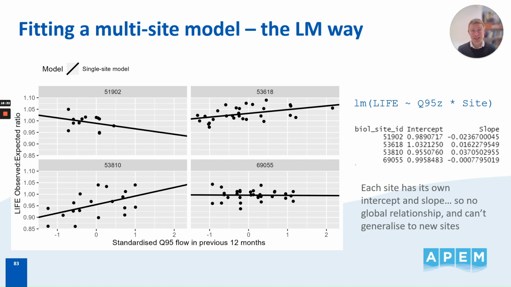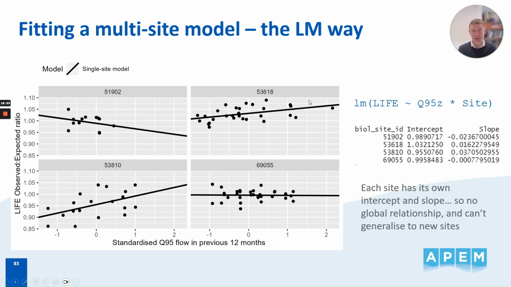So both the intercepts and the slopes of those lines can vary from one site to the next. And again, you can see on the slide here, this model essentially estimates a separate intercept and slope for each site. What's interesting to see is the variation we get in those fitted regression lines across the 4 sites.